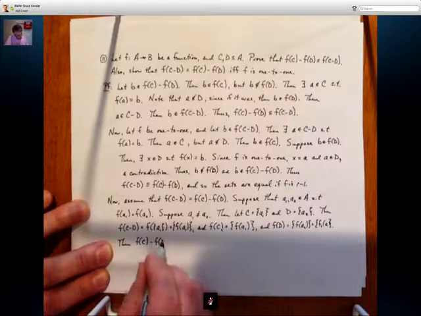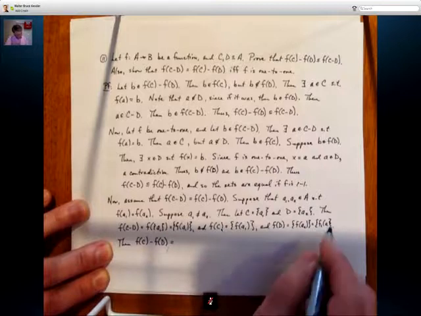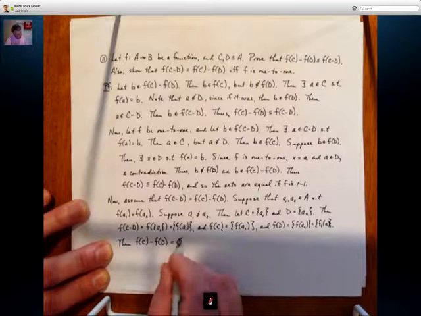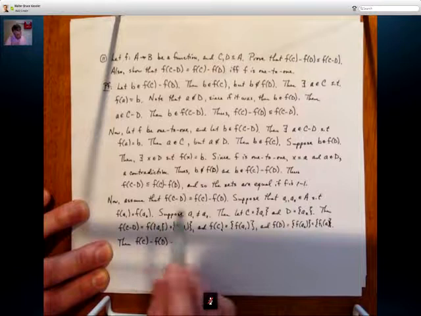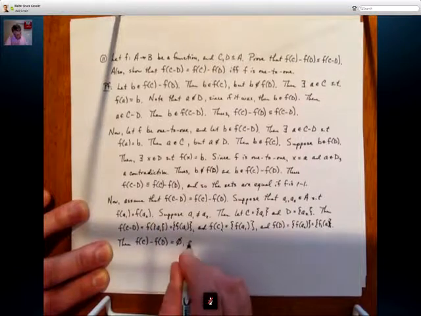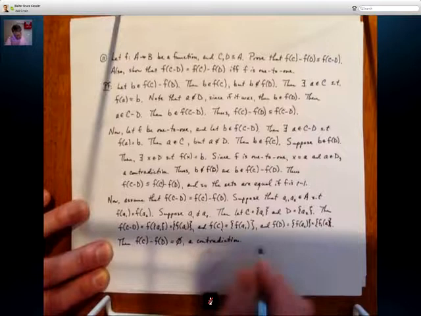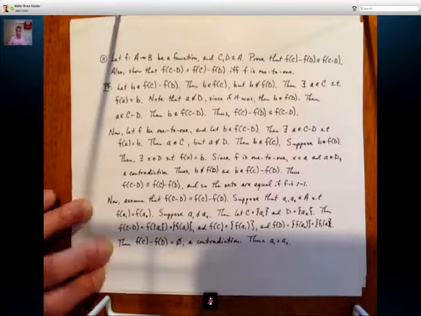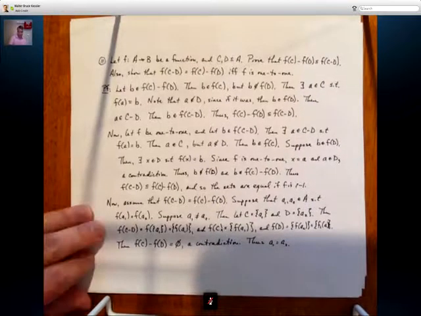Then f of C minus f of D, they're the same, and so this is an empty set. But it has to be this. That was our assumption. A contradiction. Thus, A1 and A2 are the same thing. Okay? So that got us through 11.